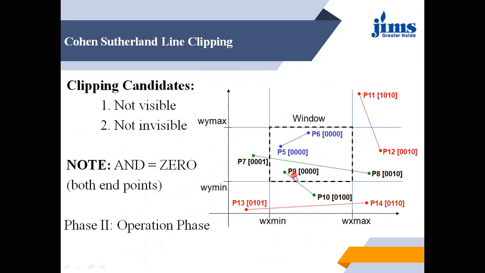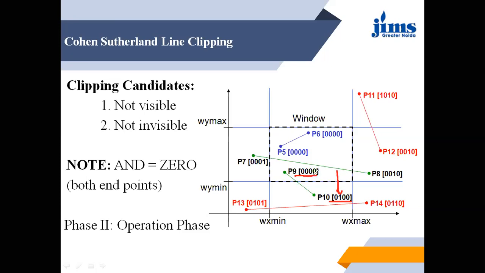The region code of P9 is 0000, as it lies in the window portion. And the region code of P10 is 0100, as it lies below the window region.